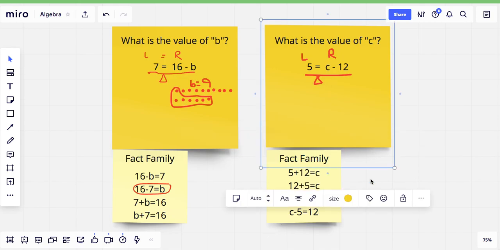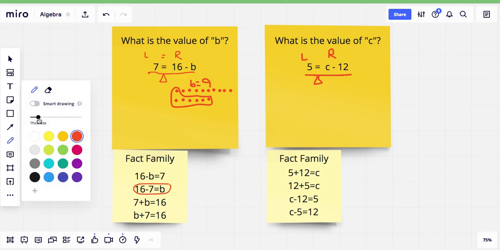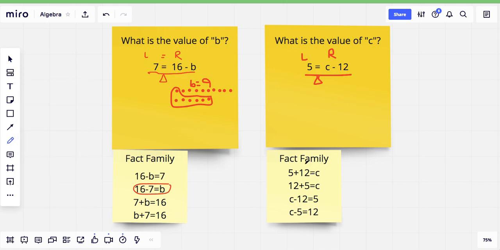Okay, so if I'm looking at these expressions down here, I think that either of these two addition members of the fact families would help me find C. So let's look at C minus 12 and how am I going to get 5?